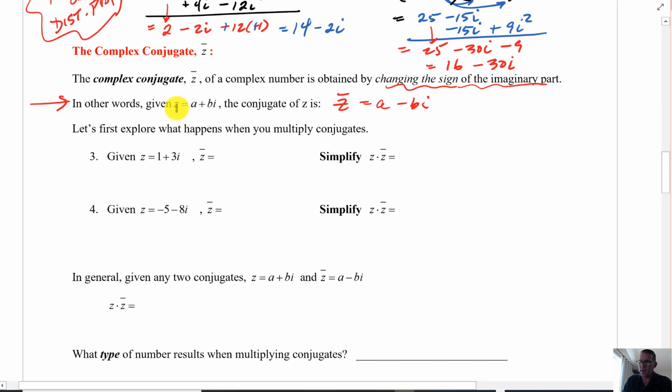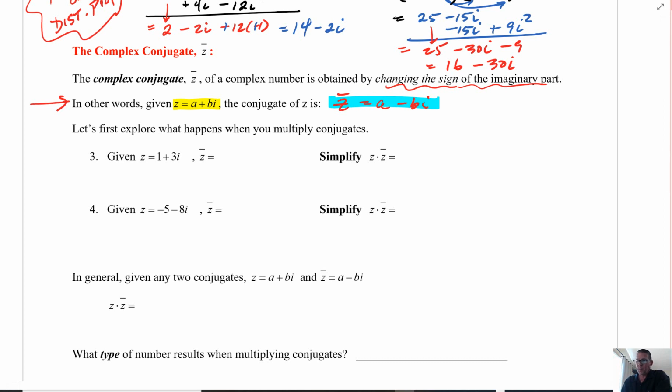Notice that if you're given a complex number, the complex conjugate is simply you interchange from plus to minus or minus to plus. You change the sign of the imaginary part, not the real part. Notice a is the same on both of those.